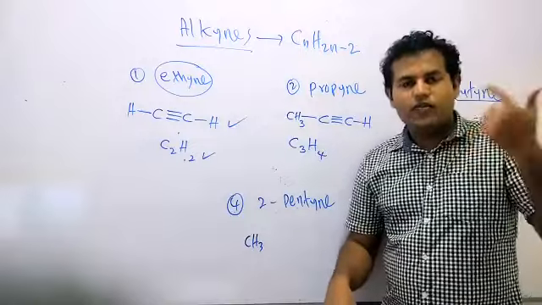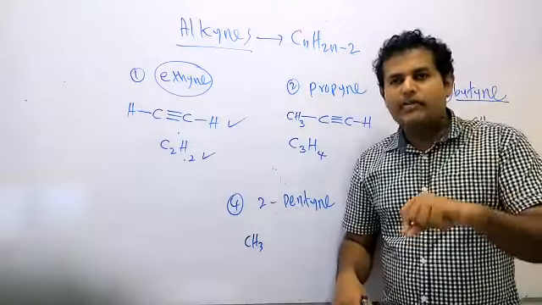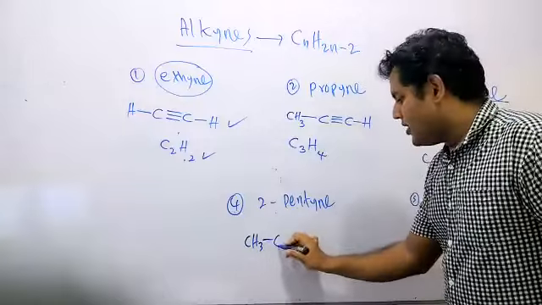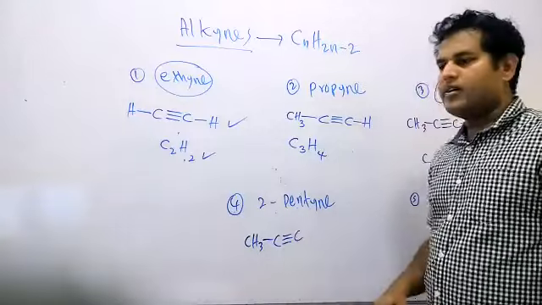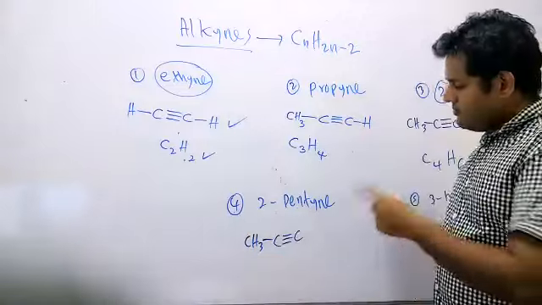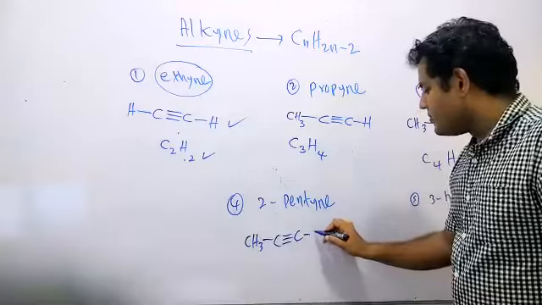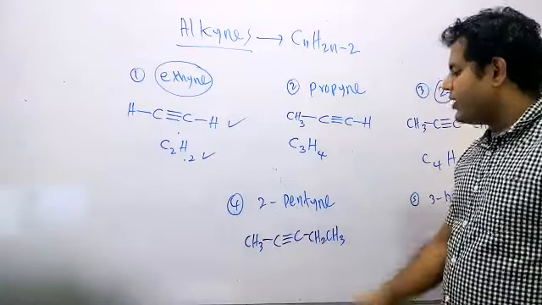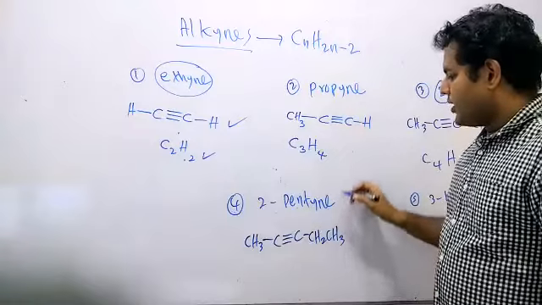CH3. Now focus on mine. 2-pentyne means in the second carbon there should be the triple bond. So I'm directly writing that: CH3, C triple bond C, because I'm numbering from this way: 1, 2, 3, then 4, 5. You can number the other way also, no issue, we're getting the other structure.